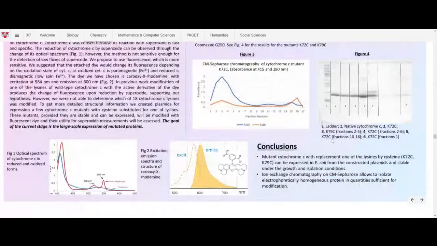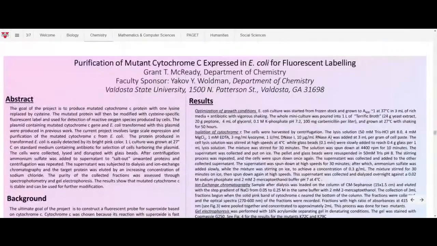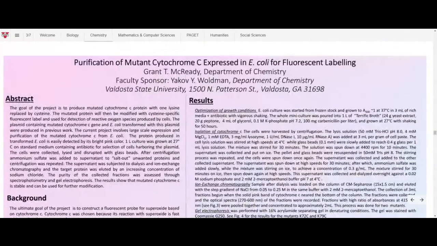All right, so essentially what I was working on is mutated E. coli bacteria. Their plasmids have been edited and a gene has been inserted that causes them to produce a cytochrome C mutant, where one of the lysines in the long peptide chain is changed with a cysteine.